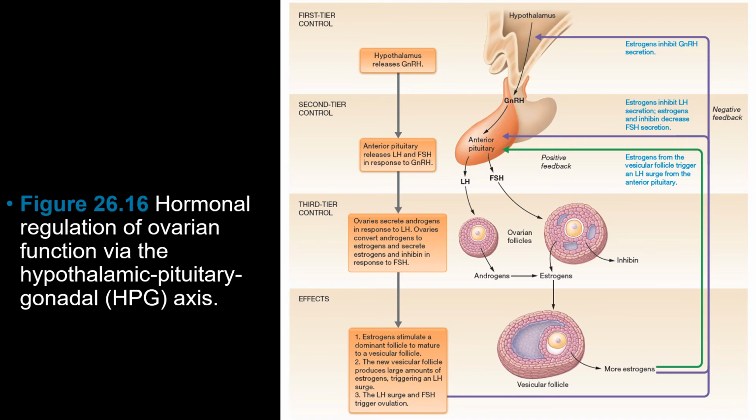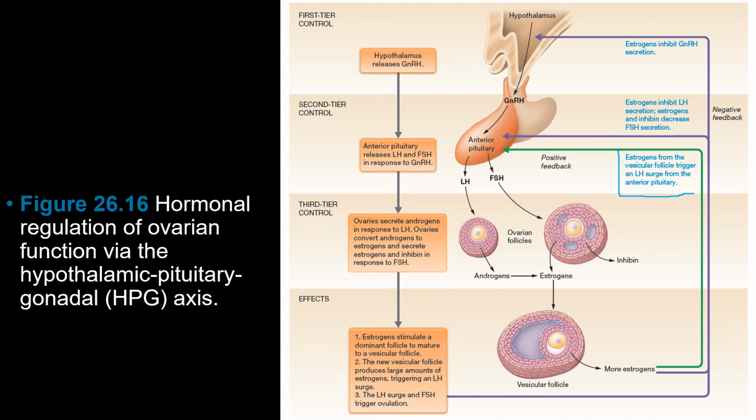And so you can see here the luteinizing hormone is that positive feedback. But negative feedback can also happen. Estrogens do tend to inhibit luteinizing hormone secretion, and estrogens and inhibin both work together to decrease follicle-stimulating hormone.